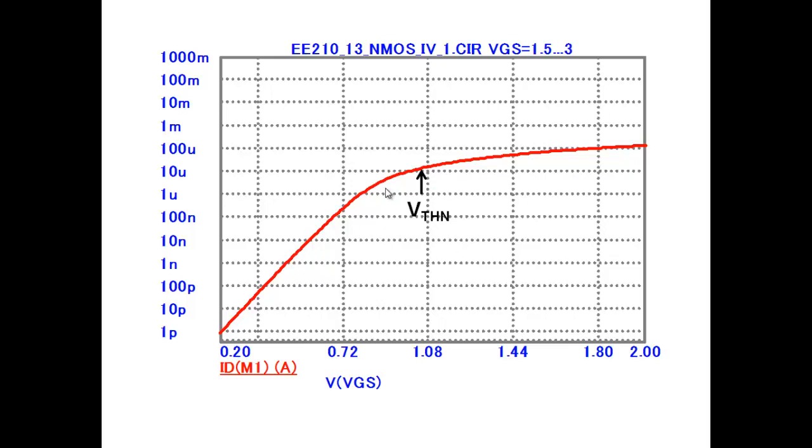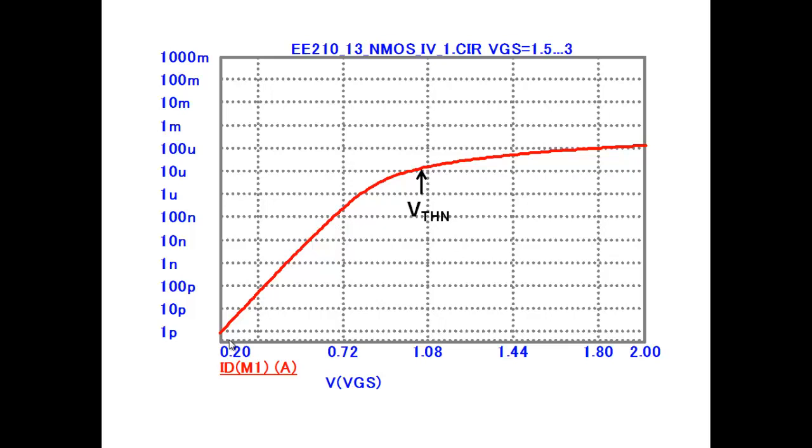So the current is reducing exponentially with the voltage. This is the subthreshold characteristics. Simply going a little bit below VTN is not going to decrease the current a whole lot. If you want your MOSFET to be really off, you have to go to lower and lower voltage.